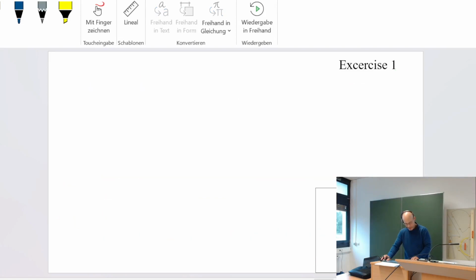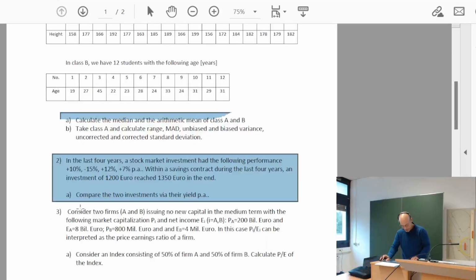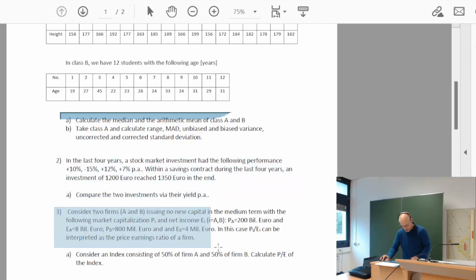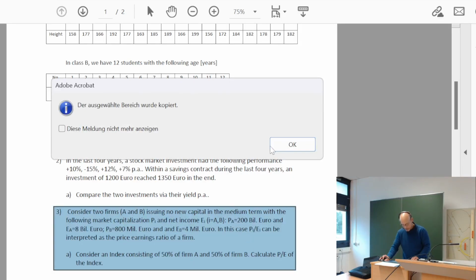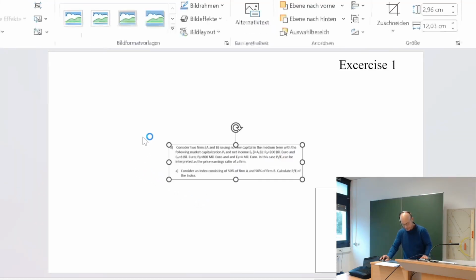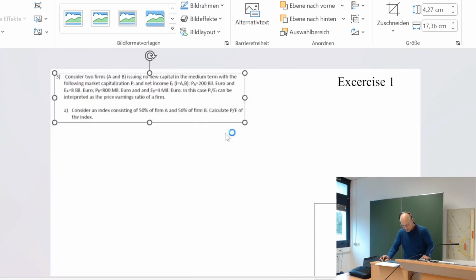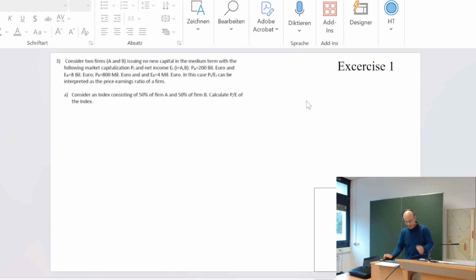So 11:30, then let's take this one. So consider we have two firms, A and B, issuing new capital in the medium term with the following market capitalization, PI, and net income, EI.